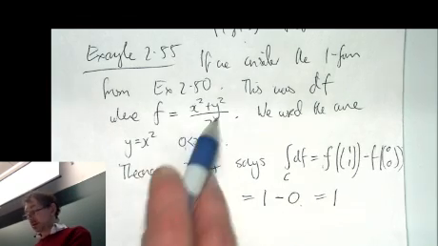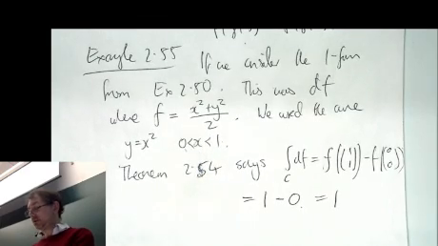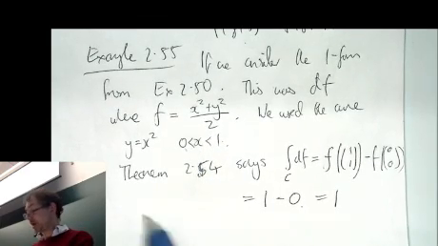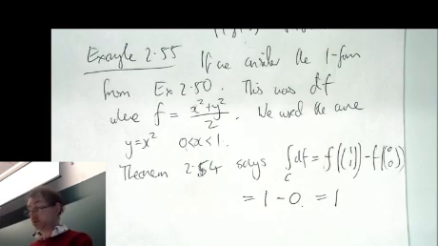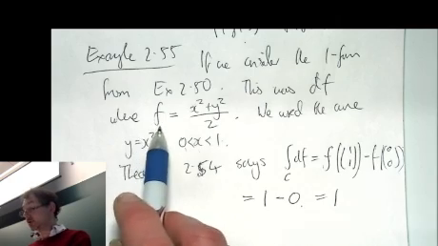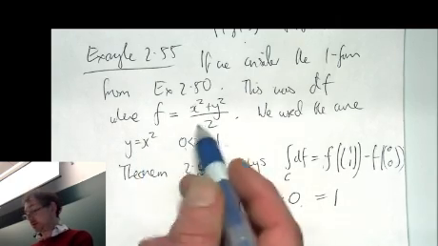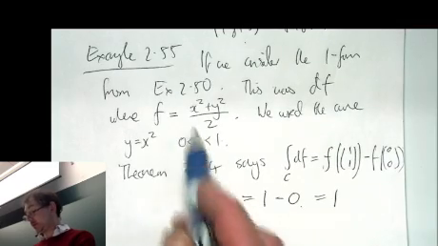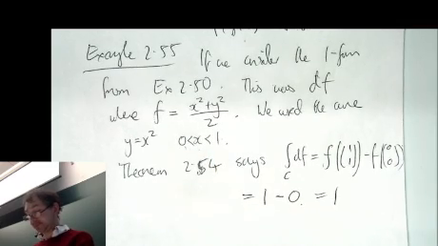So when you can see that something is exact, then you have to do almost no work at all. You do need to work out what the f is, of course, if you're going to be able to plug the endpoints in.